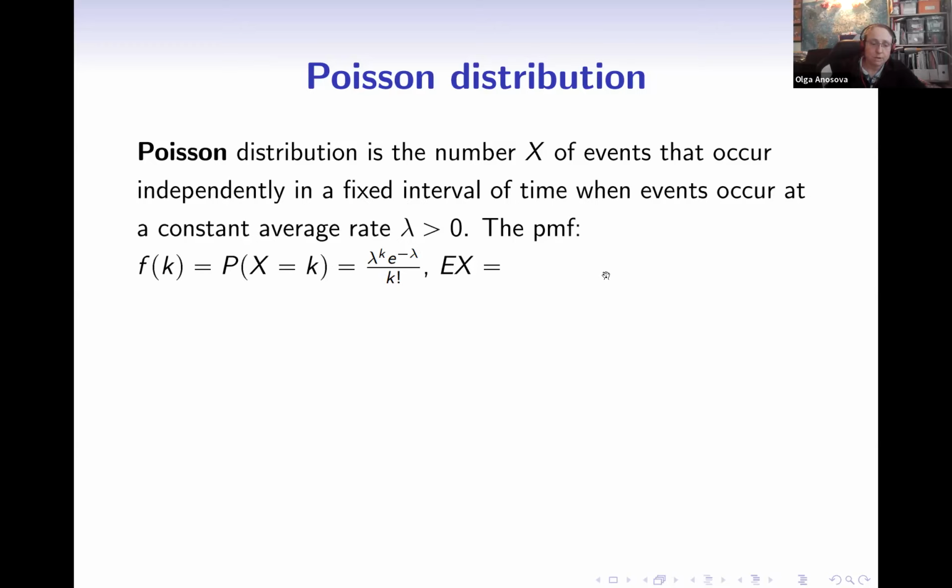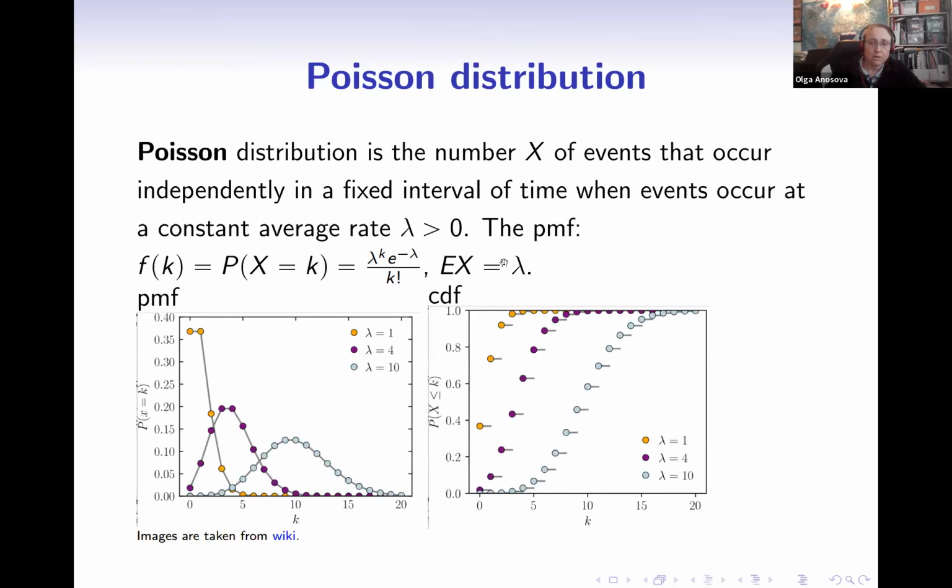And it also turns out that the expectation is obviously equal to that parameter lambda, because it's just an average rate, which means that expectation is indeed the average and is this parameter.